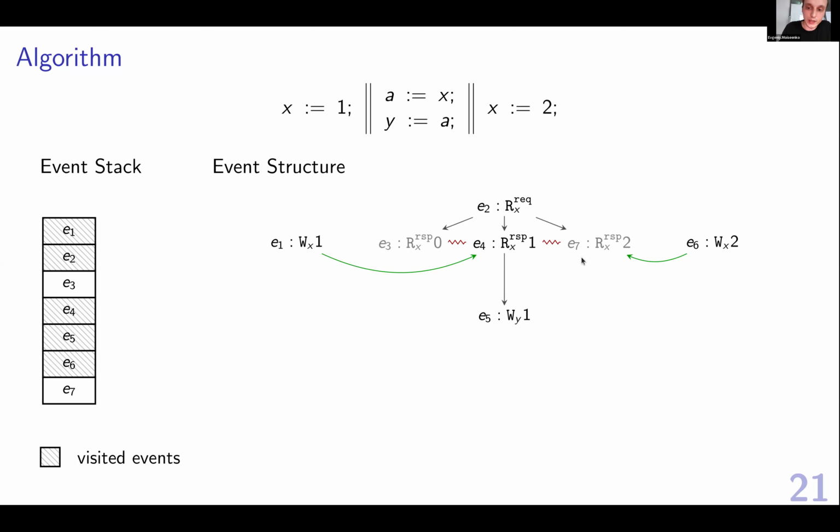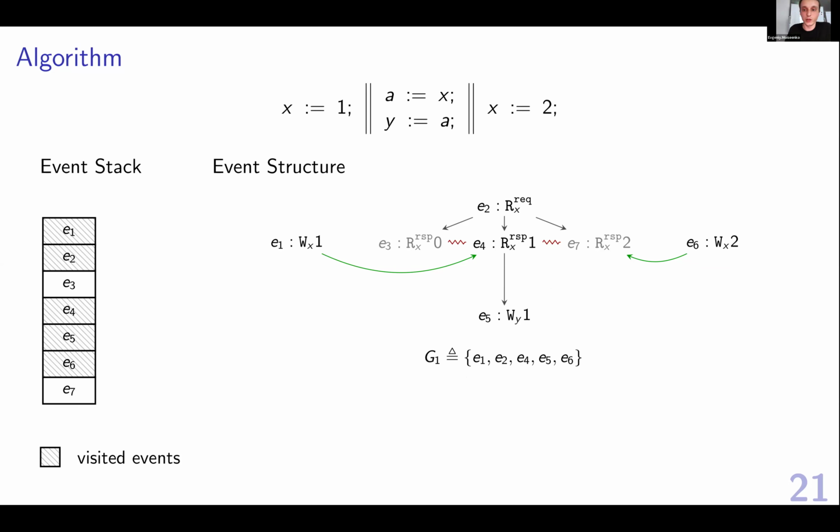So we also add it as an option to our event stack. At this point, we have finished one complete execution of this program. This execution consists of these five events, including one synthetic event, E2. So we have E1, E2, E4, E5, and E6.